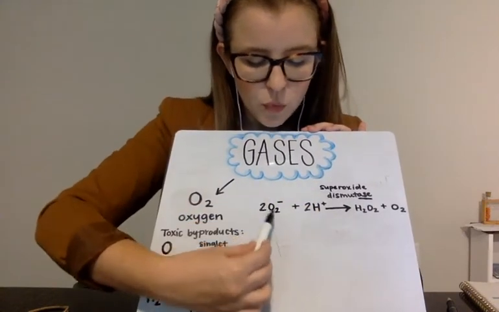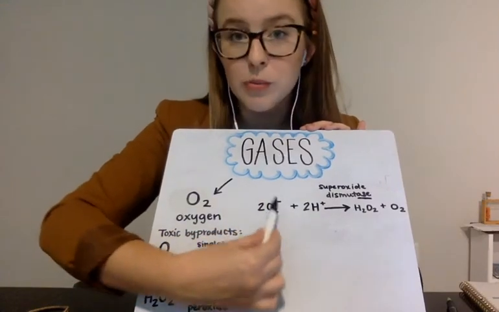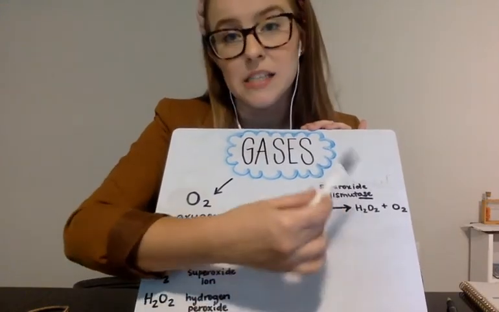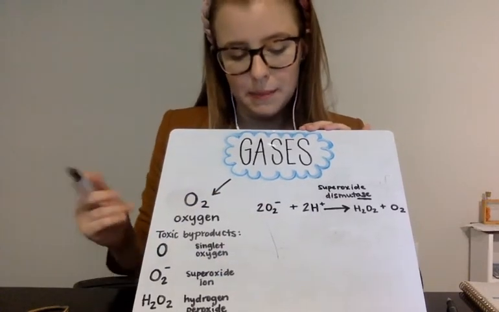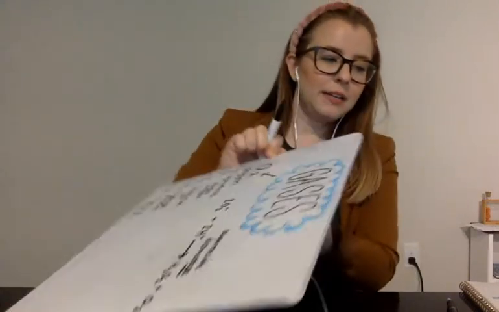So we're taking this superoxide and converting it into something else. Superoxide dismutase is the enzyme that makes it happen. That's going to be step 1, when we have that superoxide.